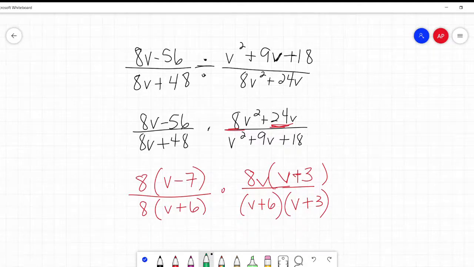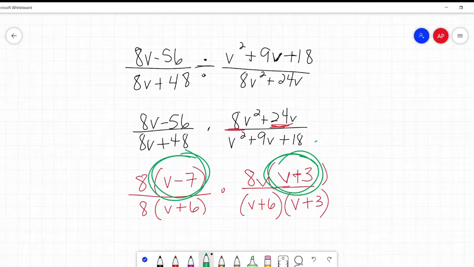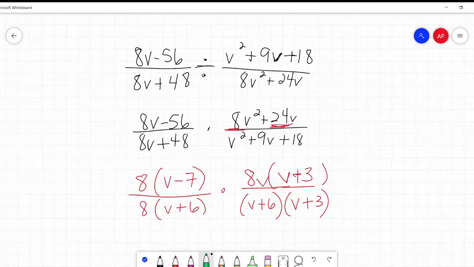You'll get hints. So for example, here, there's a v plus 3 up on top, and there's a v minus 7. So if I'm stuck on factoring this bottom one, the v squared plus 9v plus 18, I'm going to say, would positive 3 or negative 7 work as a factor here? Because these things are designed to cancel out. They're not going to make you factor all this and then have nothing cancel out. While that might happen in a real world problem, they're not going to do it in a math book. All right, so this one, the v plus 3 and v plus 3 cancel out.